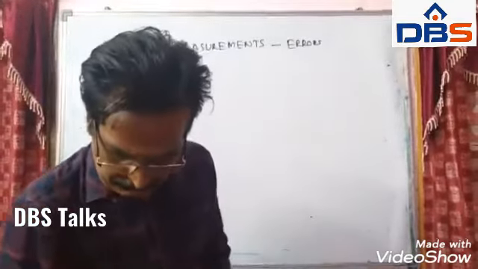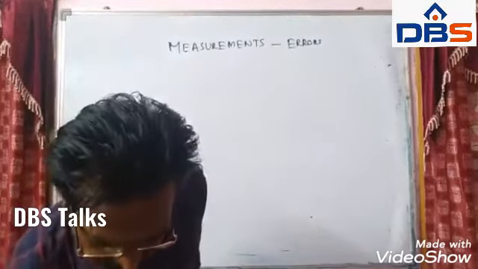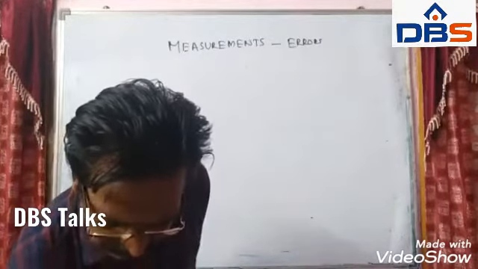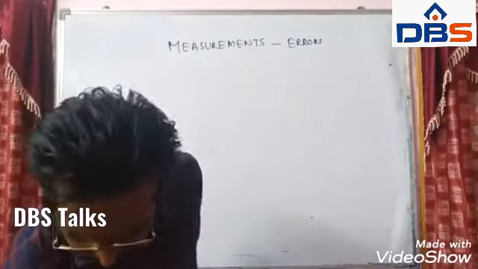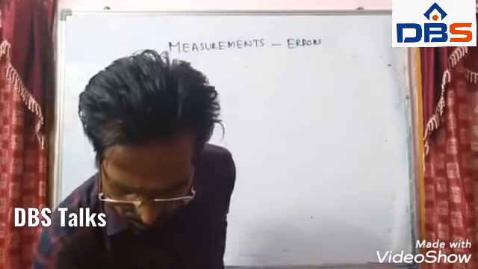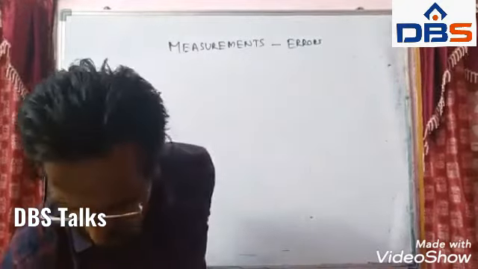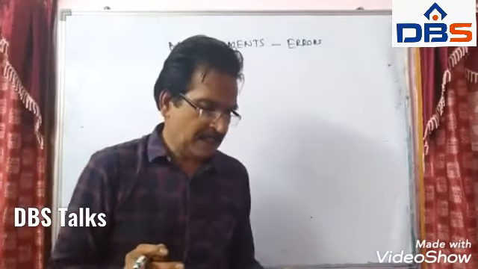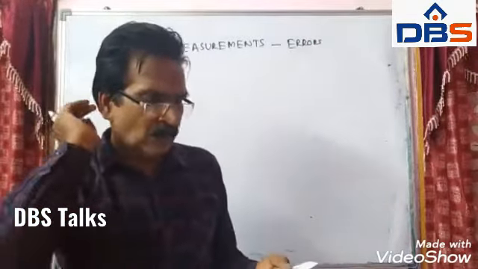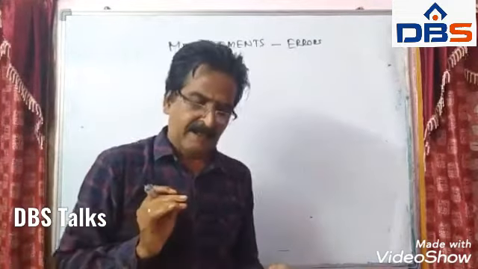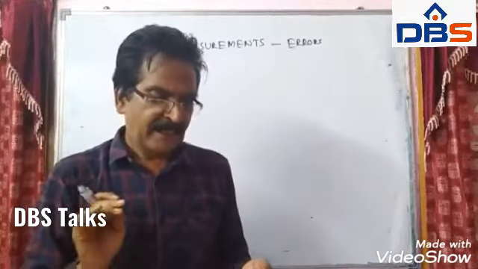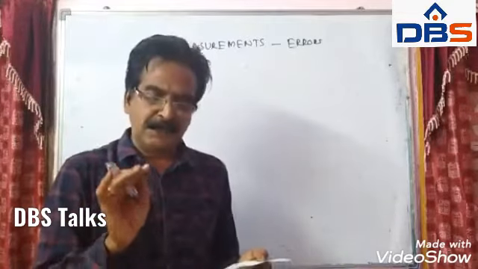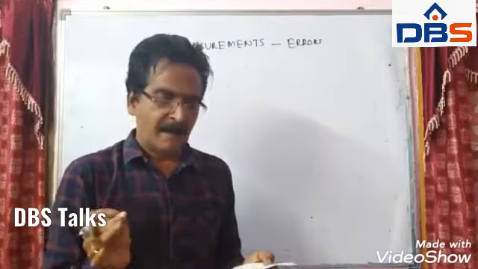Okay friends, for example sake, let us take one more problem. For two resistors R1 and R2 connected in parallel, find the relative error. We don't want error percentage, just the error.